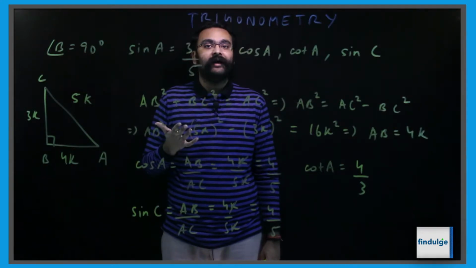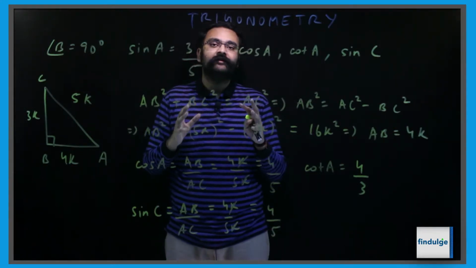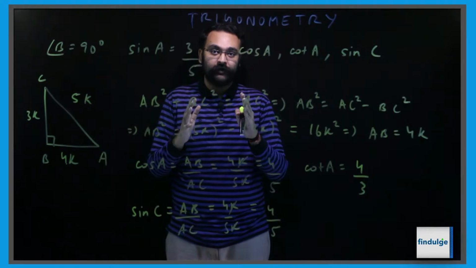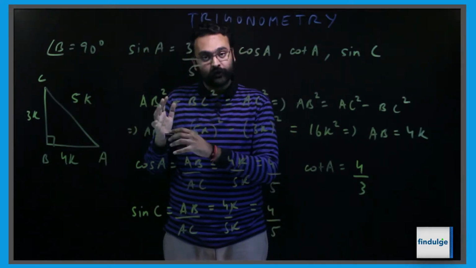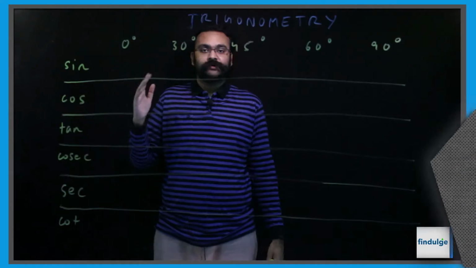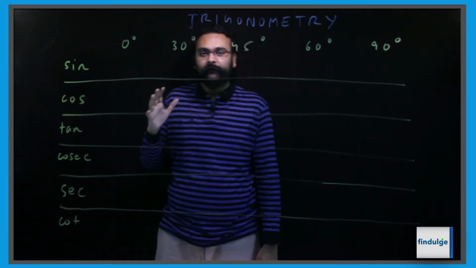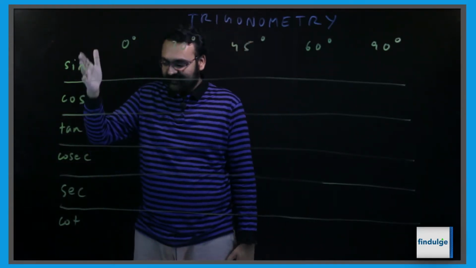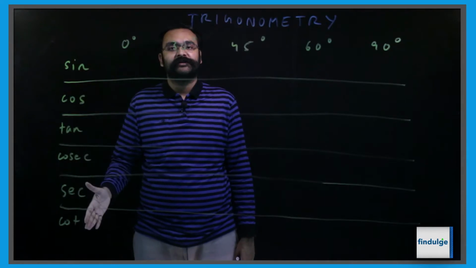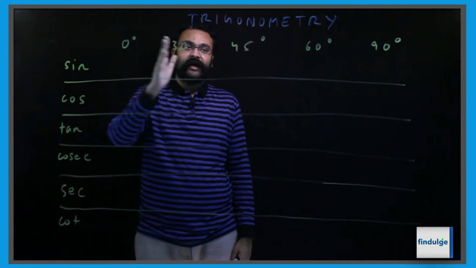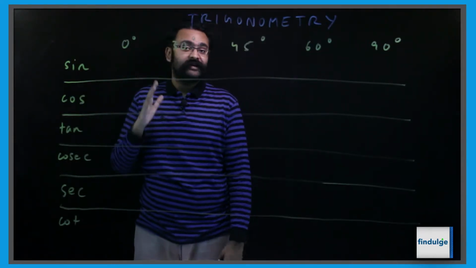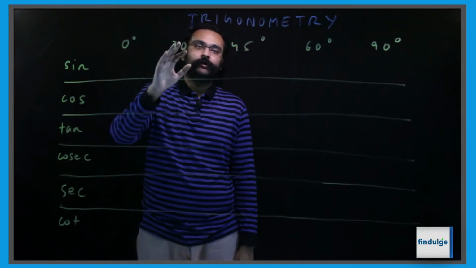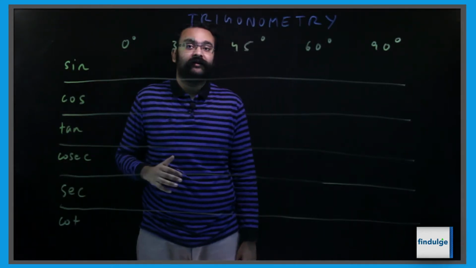Let's actually look at some standard values that you will be expected to remember and how to apply those in a question. So now we are going to look at a table in which, as you can see, I have written all 6 of my trigonometric functions and I have written 5 very specific angles: 0, 30, 45, 60 and 90.